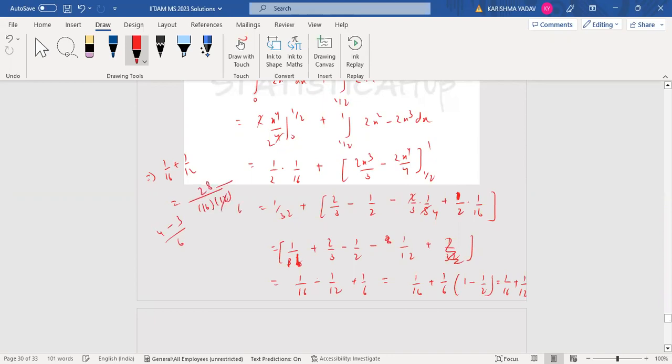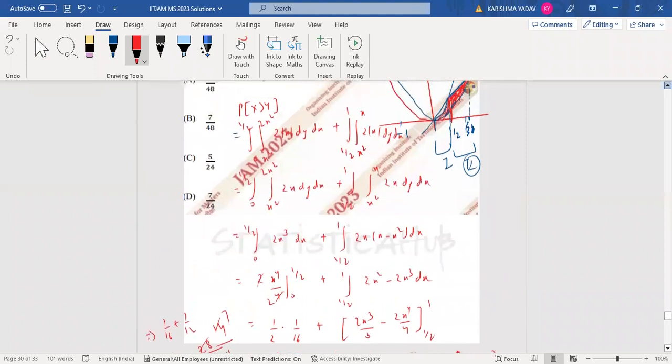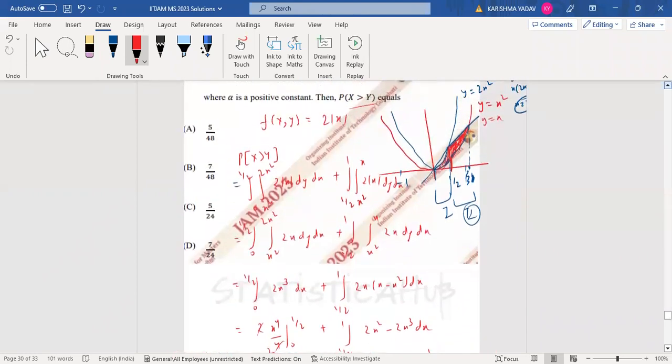Just solve this, that is 7 by 16 into 3. What is 16 into 3? That is 48. So we got 7 by 48 by doing simple calculation. Is 7 by 48 in the options? Yes, this is option number B, 7 by 48.